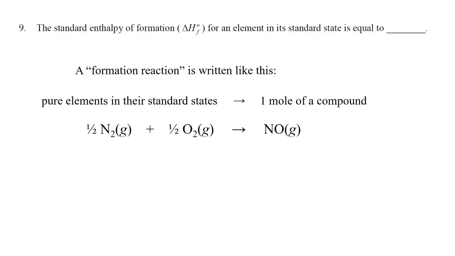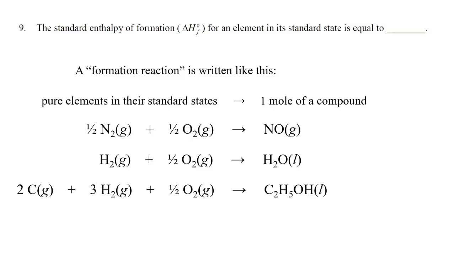For example, we talked about the formation of nitrogen monoxide earlier. You also could have the formation of liquid water, the formation of ethanol, C2H5OH, or the formation of gaseous hydrogen chloride. In all of these examples, these are balanced equations with pure elements in their standard states on the left, and then 1 mole of a compound on the right.